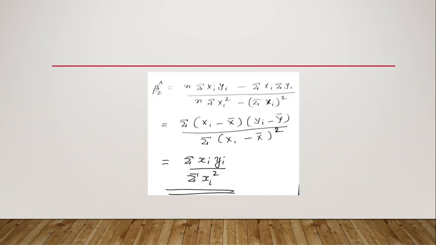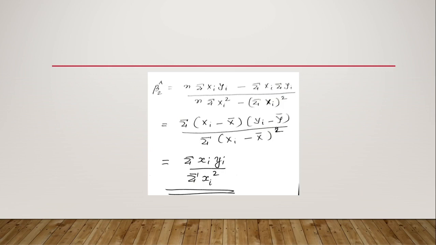In the next step, when we expand that, we get beta 2 hat is equal to n sigma yi xi minus sigma xi into sigma yi divided by n sigma xi square minus sigma xi the whole square, and we can see that this can be written like this.